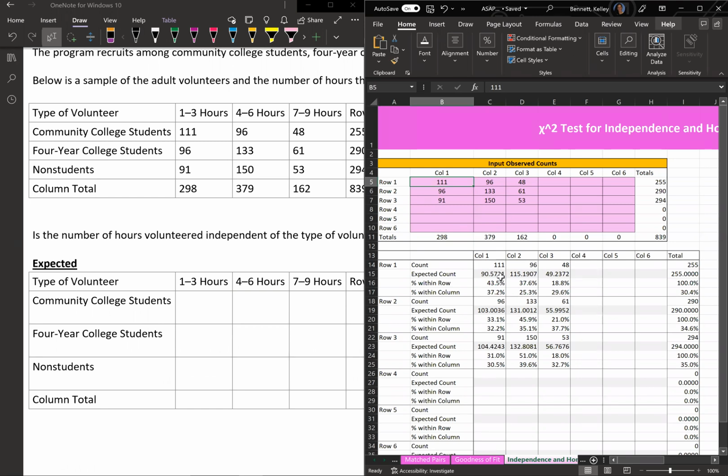My expected value was only 90.57. So in these gray boxes, these are my expected values, and I can compare them to my observed. And once I do that, we can talk about the residuals.